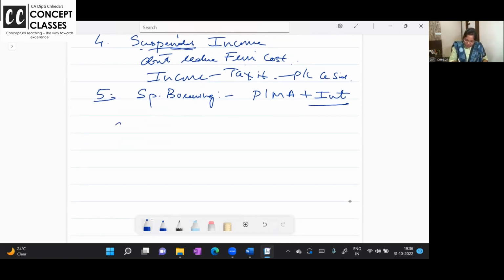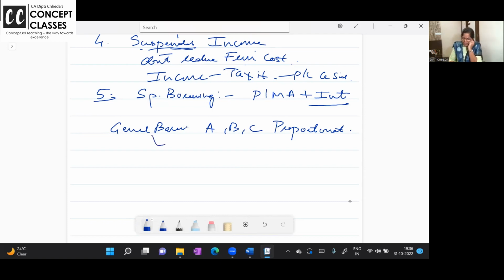Now comes general borrowing. If we take general borrowing for 2-3 assets A, B, C, then we will capitalize proportionately. How much money is used for A, how much for B and C? In that proportion, we will capitalize the interest.